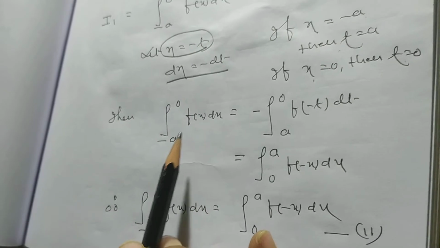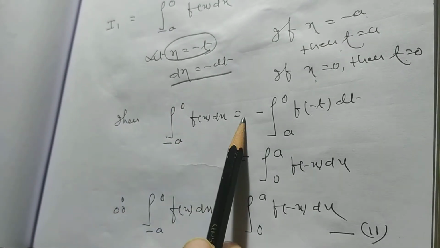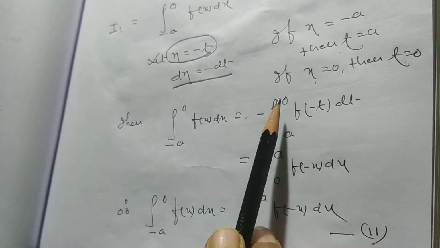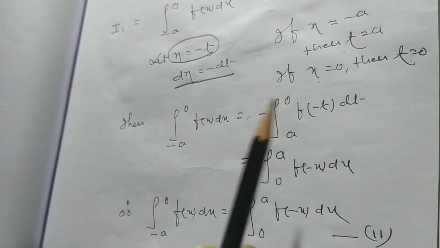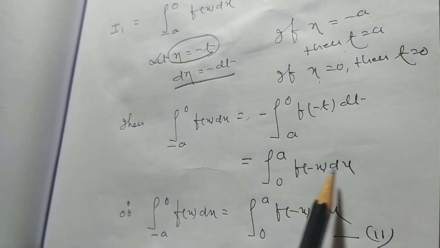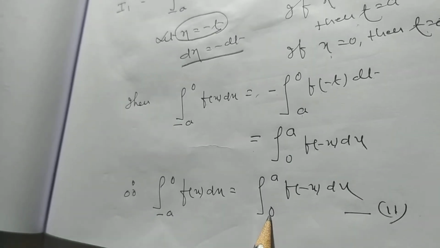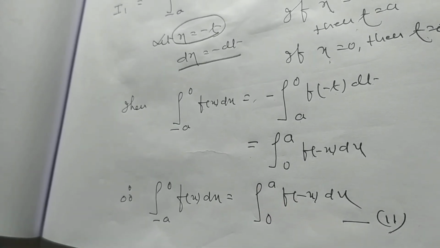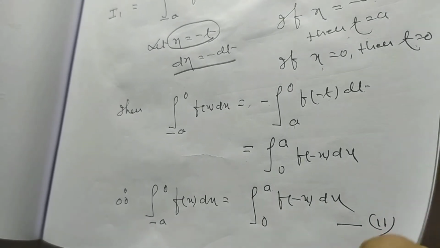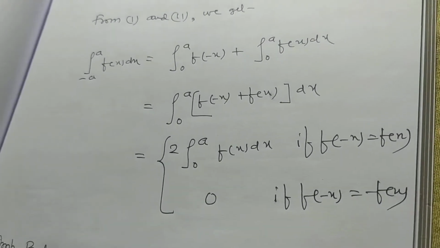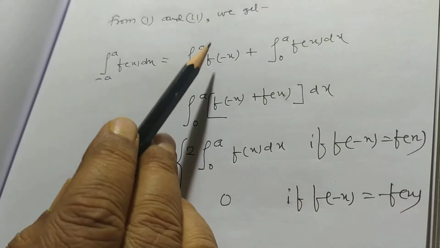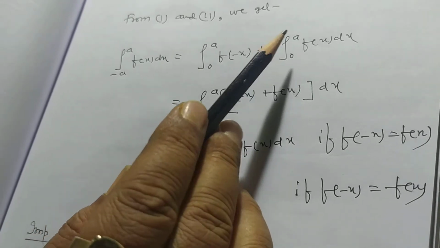So now, integral from minus a to 0 of f(x) dx is equal to integral of f(minus t) dt, and it will be integral from 0 to a of f(minus x) dx. This is second. Now, adding first and second, we have integral from minus a to a of f(x) dx is equal to integral from 0 to a of f(minus x) plus integral from 0 to a of f(x) dx.